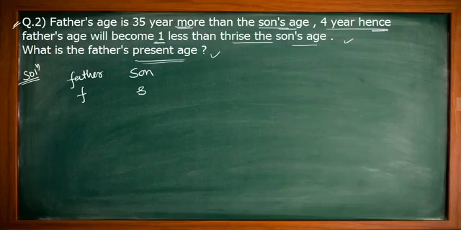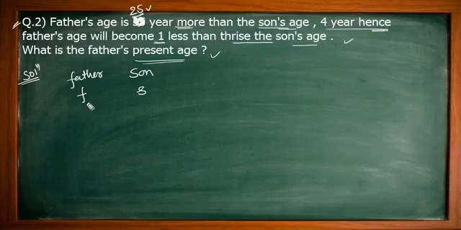One thing guys, can you do a very small amendment here? Put 25 here, as my given answer may vary. Father's age is 25 years more than the son's age. 4 years hence, father's age will become 1 less than thrice the son's age. What is the father's present age?